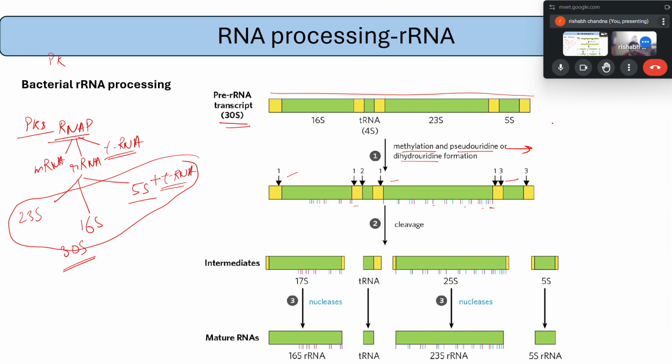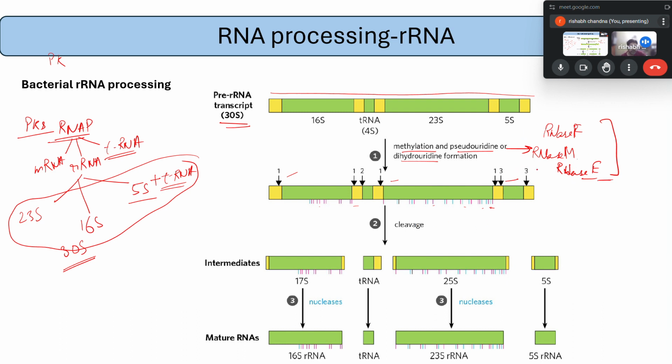Okay, so one is RNase P, one is RNase M, and the other one is, sorry, RNase F, RNase E. So these three enzymes are basically involved in the processing of rRNA.